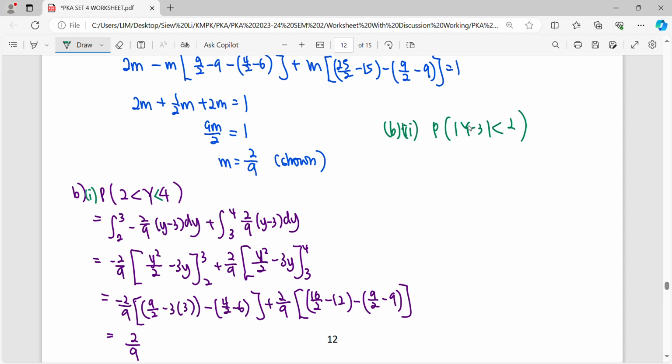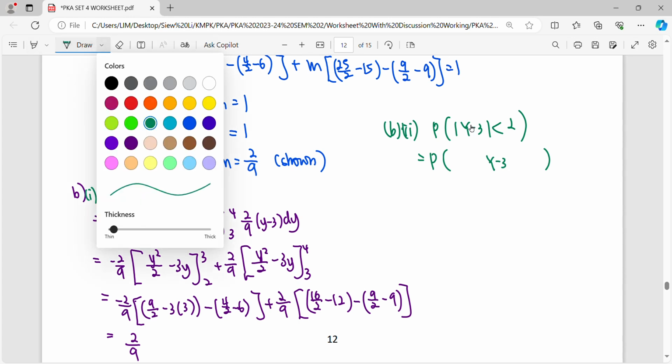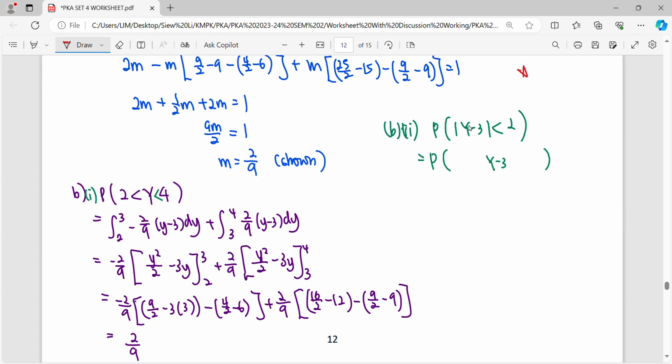So for this, open the modulus less than. So using your modulus definition, when you open this, there will be -1 less than the modulus function and then less than 1.